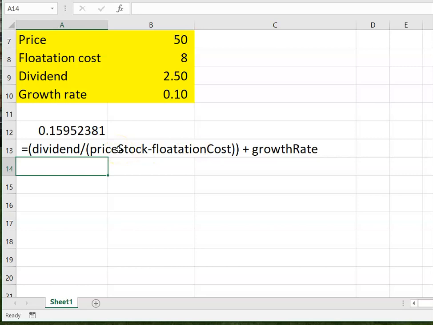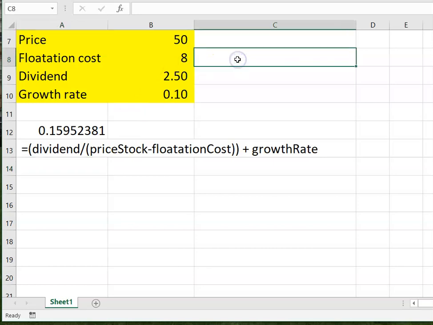If your problem calls for something like flotation, let's suppose the flotation costs are 5%.